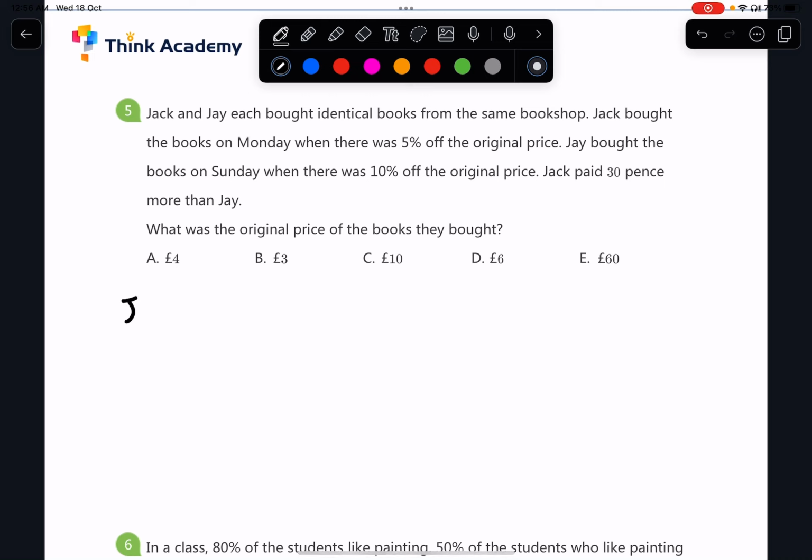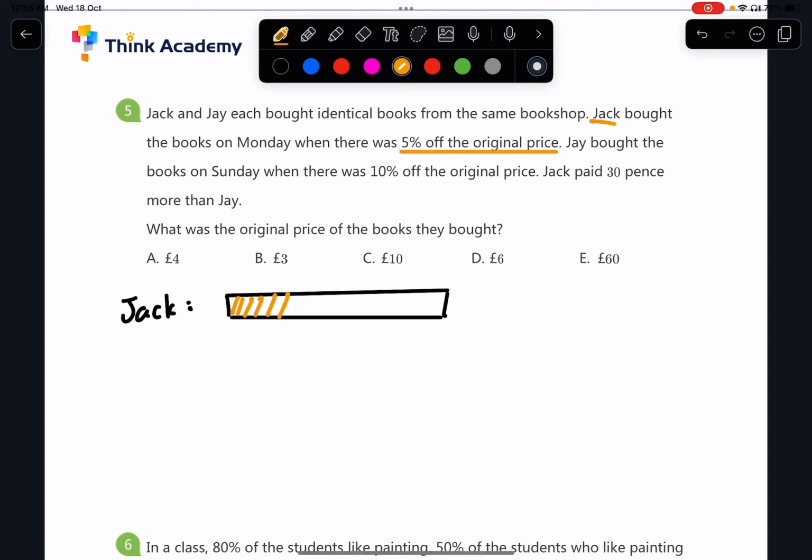So first, I will draw a bar for Jack. The bar means the original price of the book. Okay, this is the original price of the books. So Jack has 5% off, right? 5% off. So he only paid how many percent? He only paid 95%.